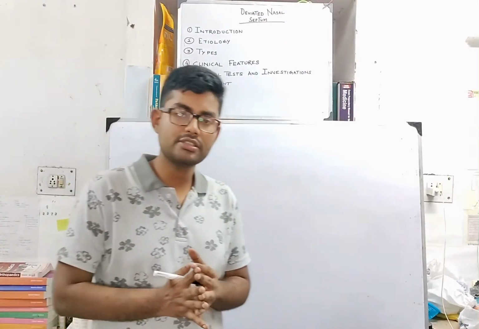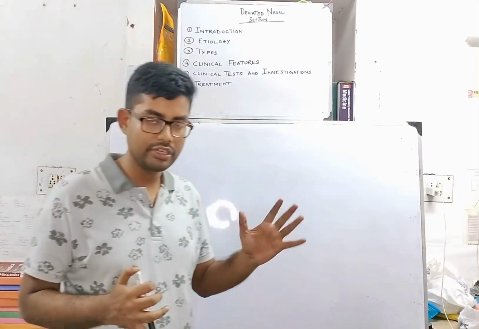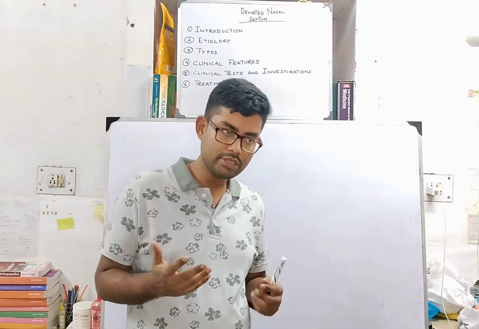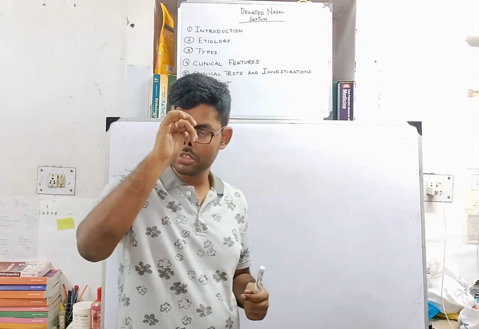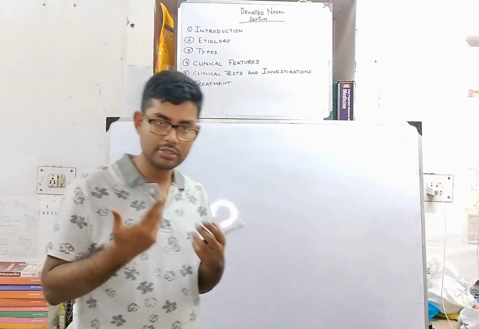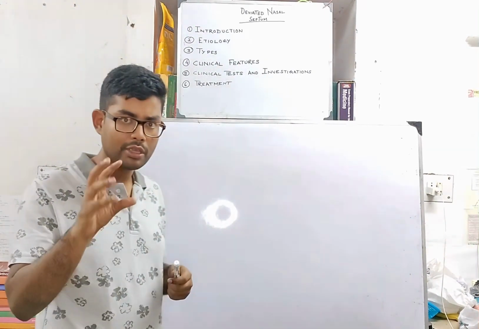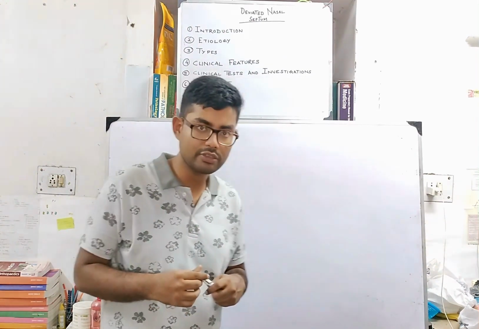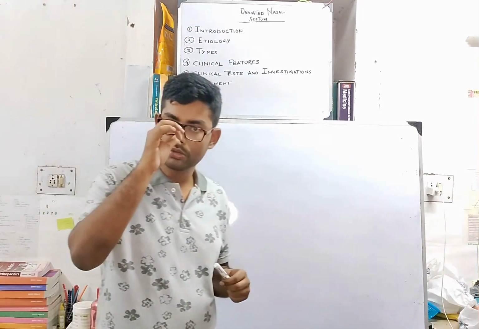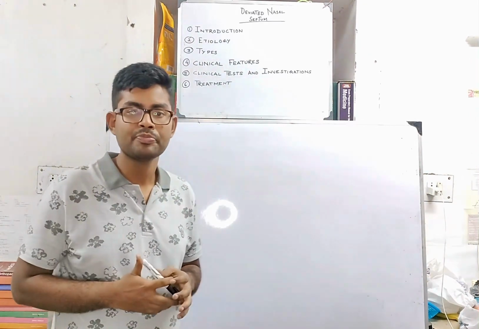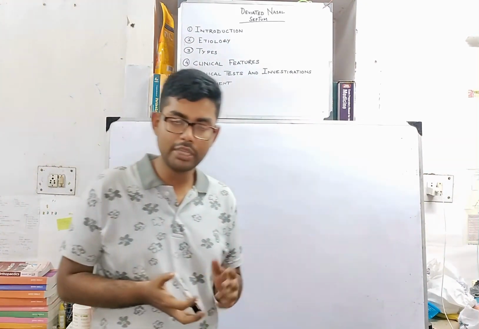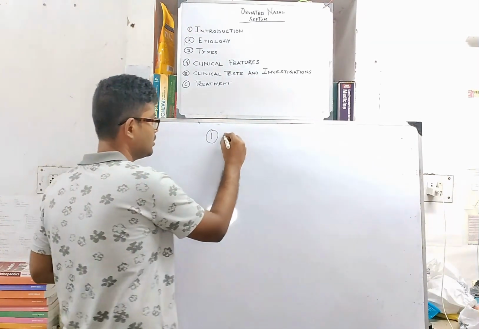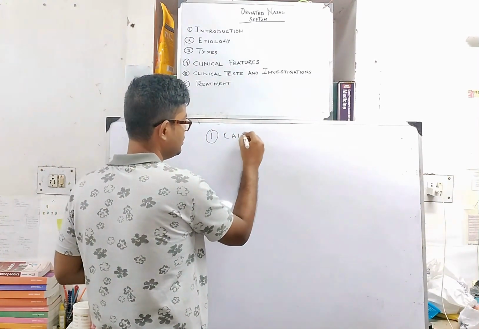So, clinical tests and investigations to diagnose a deviated nasal septum. Initially, we can lift up the nose like this and we will be able to see the vestibule area, and a caudal deviation like in anterior dislocation of septum can be diagnosed only by lifting up the nose like this. Then anterior rhinoscopy is done.